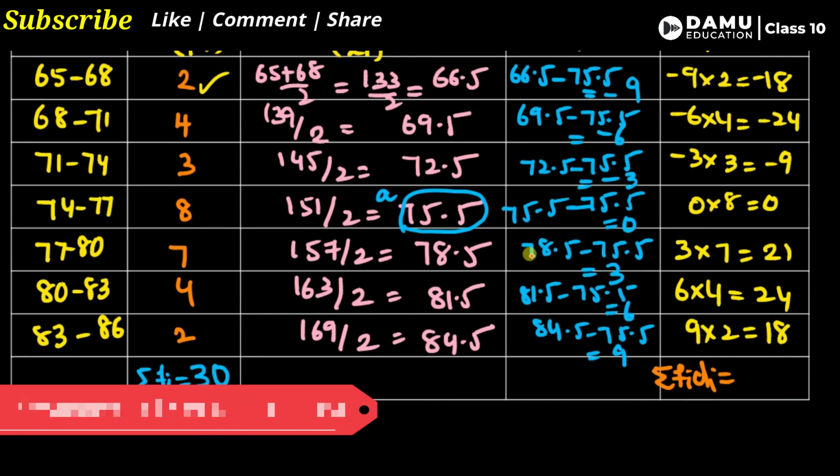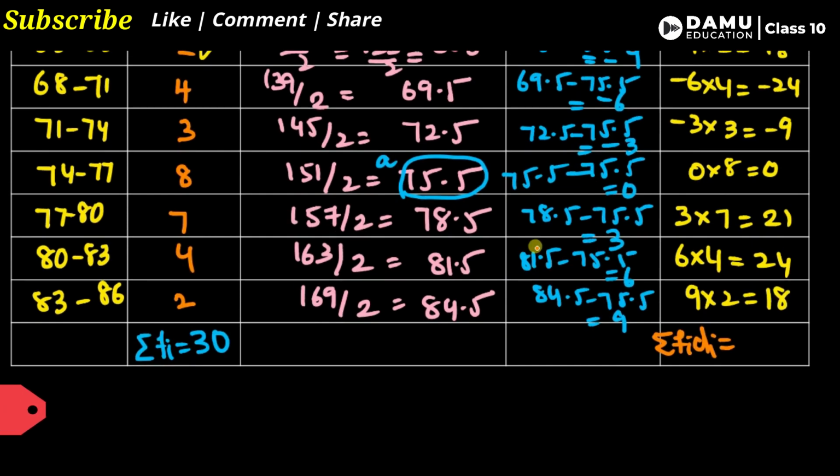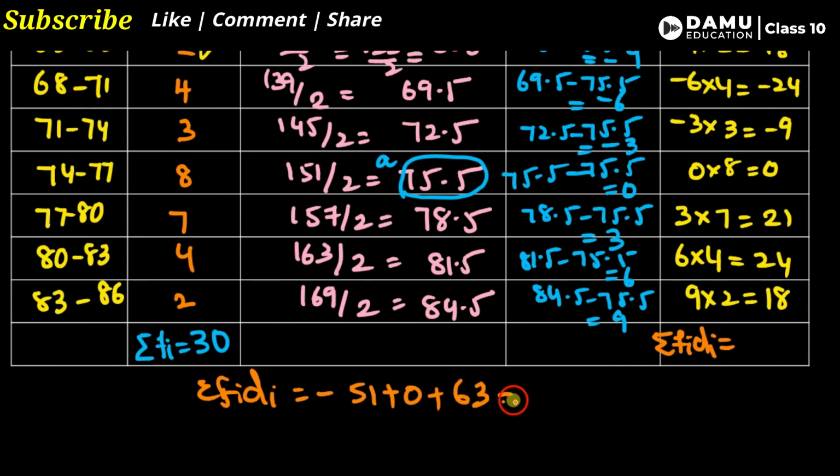So we add minus 18, minus 24, minus 9, which gives minus 51, plus 0 plus 21 plus 24 plus 18. 21 plus 24 plus 18, what will we get? 63. So minus 51 plus 63, what answer will we get? We will get 12. So this is the summation of fi di.